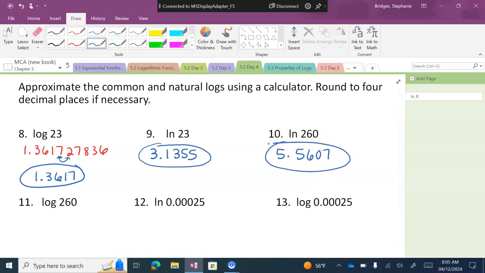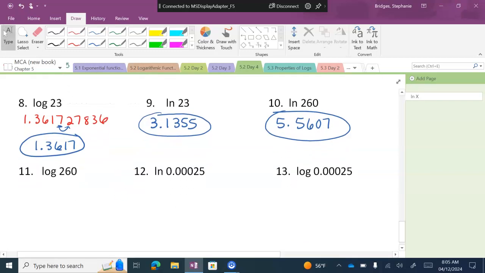And then I'm going to do the log of 260. That's going to give me 2.41. Uh-oh, what happens here? Hold on. 2.4149.7.